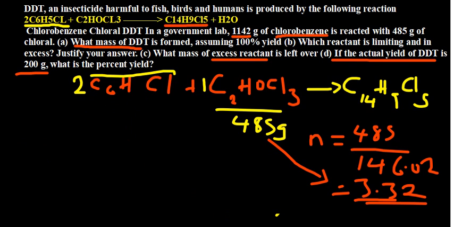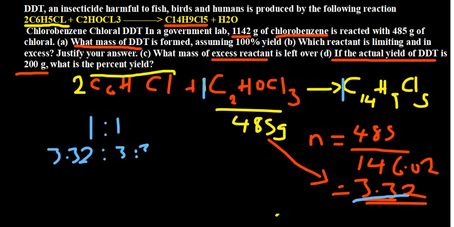They are in the ratio of 1 to 1. So whatever number of moles of the limiting reagent are available, what number of moles do we have for the limiting reagent? 3.32. Since they're in the ratio of 1 to 1, no need of putting a variable there. We'll just say that it will also require the same number of what?